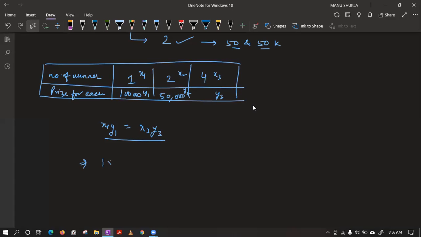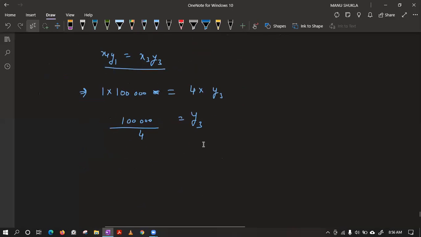Put the value, 1 into 1 lakh is equal to 4 into y3. So to find the value of y3, we will isolate this and divide by 4 and find the answer, that is equal to 25,000. So this is the value of y3.